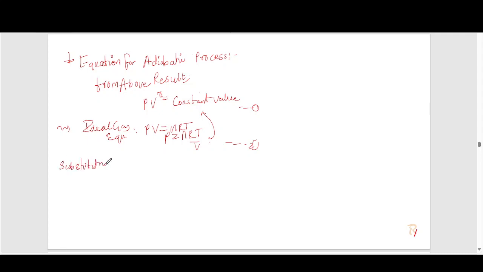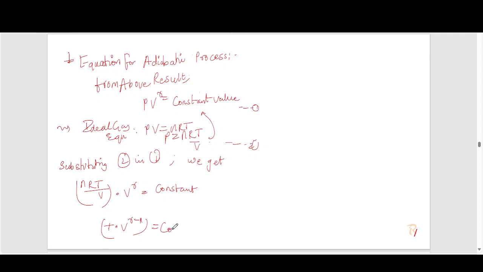Substituting 2 in 1, we get nRT upon V into V to the power of adiabatic exponent gives me a constant value. Therefore, T into V to the power of gamma minus 1 gives me a constant value. Okay, this will be our result, most important result.